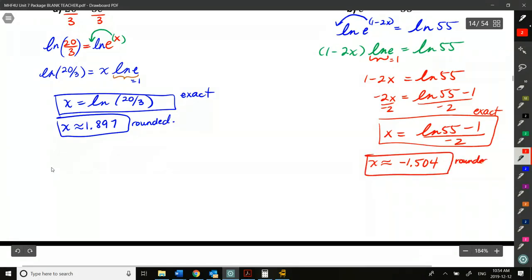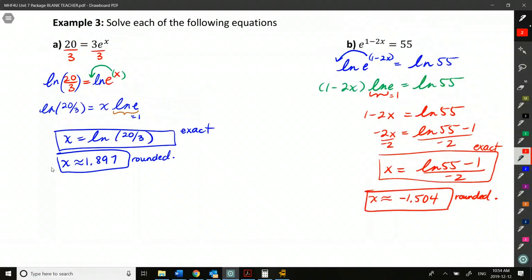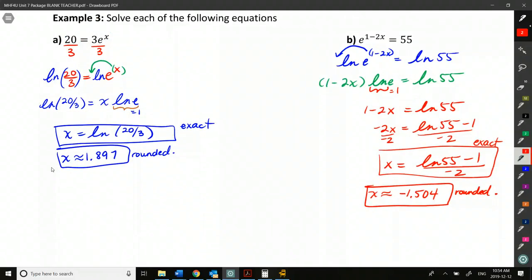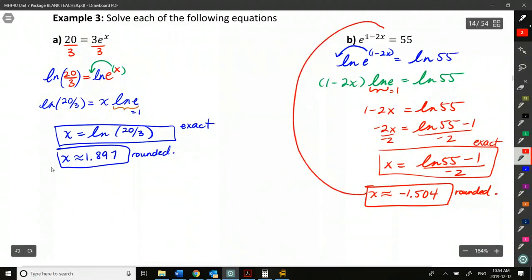Now, when we were working with logarithms, anytime I solved an expression like this, I could always plug it back into the original equation to check my work. Same deal here. So if I find x, I'm going to sub it right back in there, and I'm going to check that I get an answer that's approximately equal to 55. Right? That's how I know that my answer is correct.